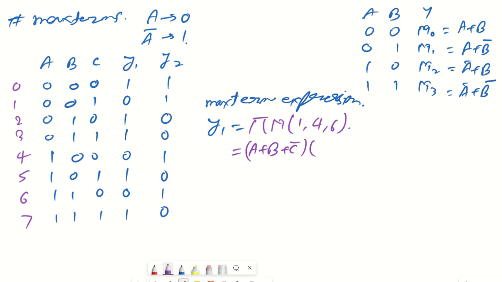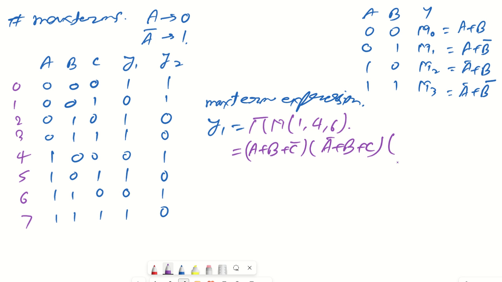Then the fourth term, M4, is a bar plus b plus c. Hope you have a good understanding now of how I am writing M4. So capital M4 is the max term of a b c, and it is 1 0 0.